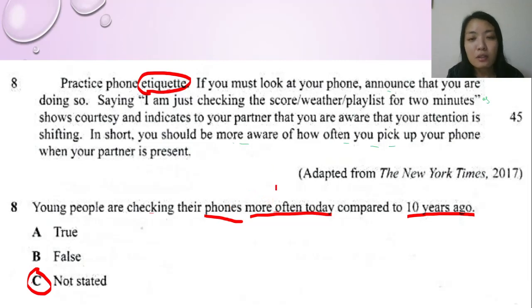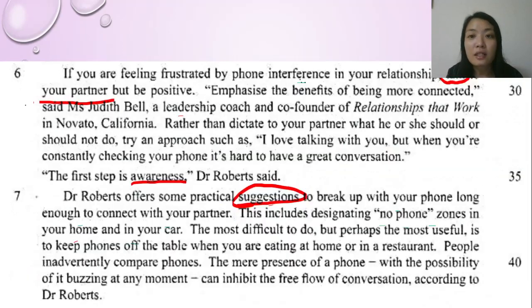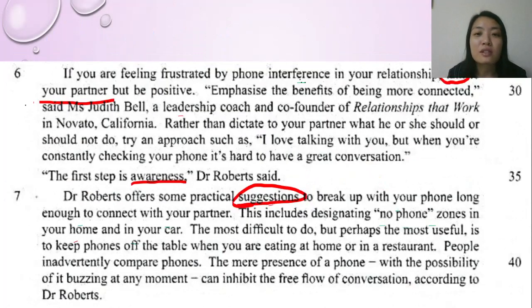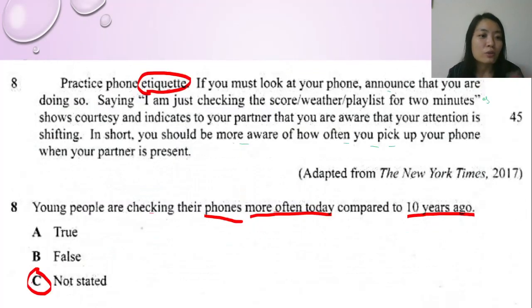In the text, it's not exactly double. It is around double, 47, around double if you're a young person. So actually, it is a direct contradiction. If the question says double, but here is around double, then only you choose false. You don't choose false if there's nothing mentioned over there. So the answer is not stated.